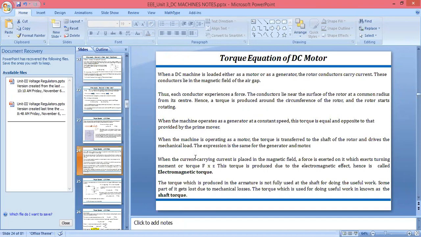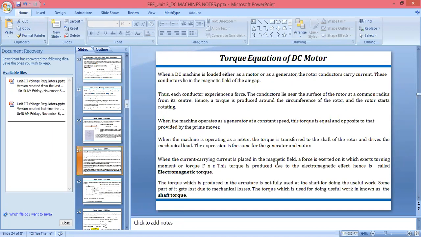When a current carrying conductor is placed in the magnetic field, force is exerted, and that force gives us torque equal to F into R into sine theta, where theta is the angle between the force and the radius, the perpendicular distance.